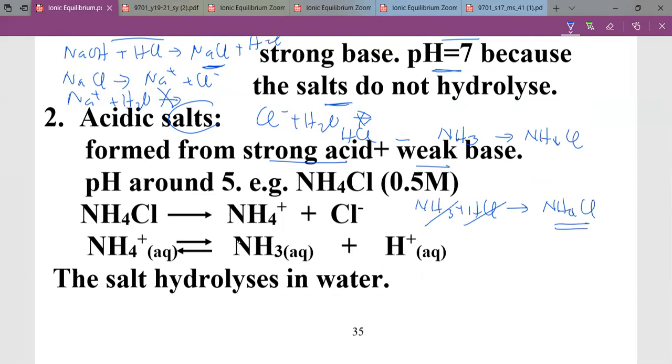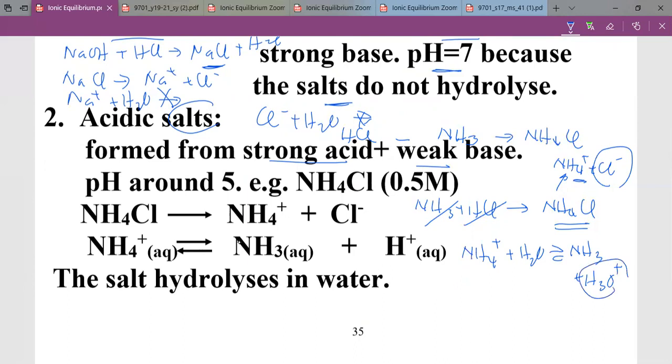It dissolves in water to give NH4+ and Cl-. Cl- won't react with water, but NH4+ is able to hydrolyze with water to give NH3 plus H3O+. So it's acidic. The ammonium ion is a weak acid, so the NH3 formed won't go back easily. The pH is less than 7, around 5.